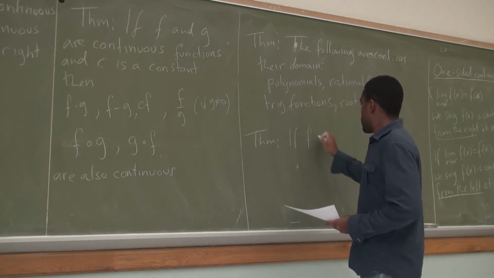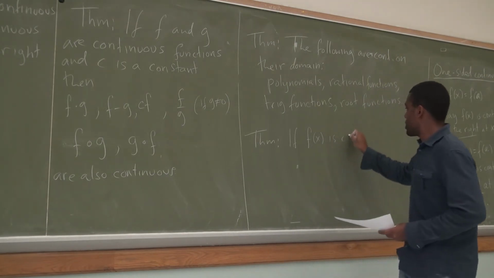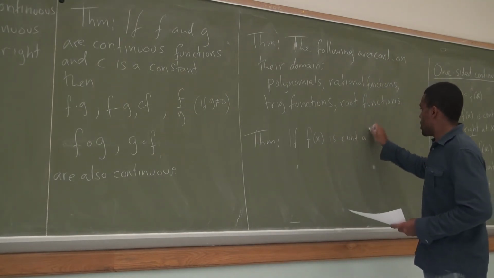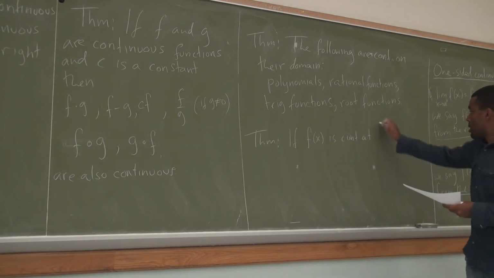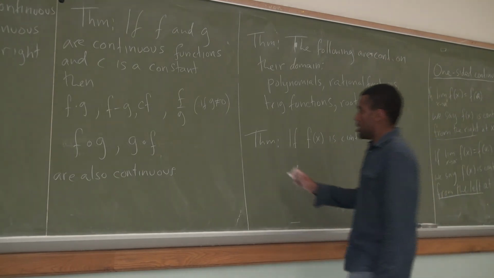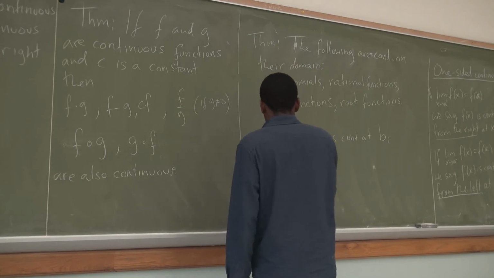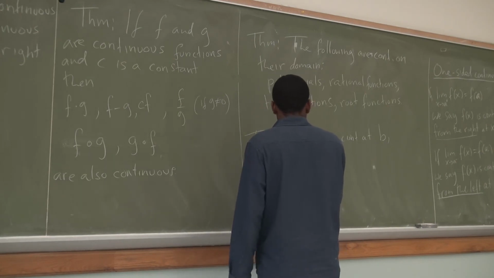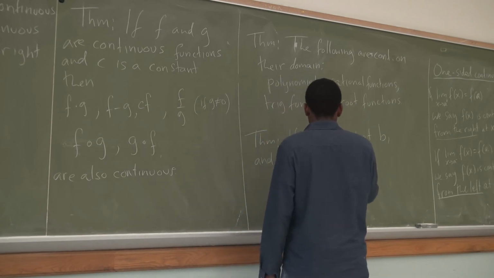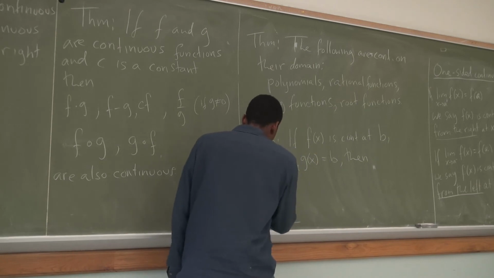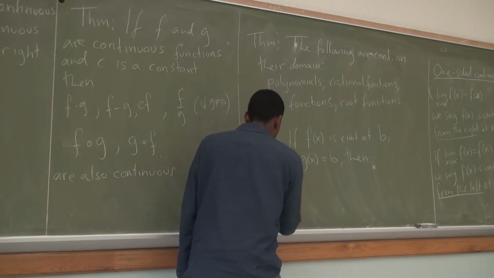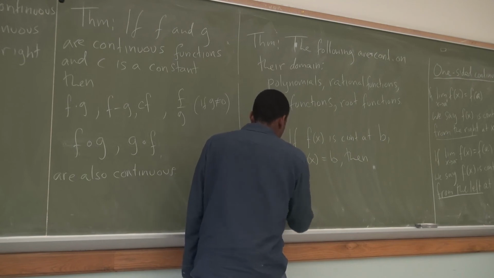If f of x is continuous at b and the limit as x approaches a of g of x equals b, and limit as x approaches a of x.